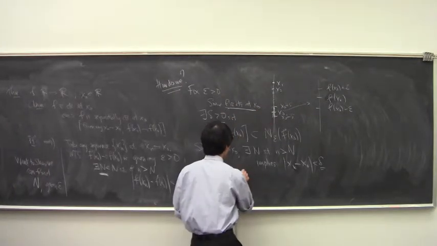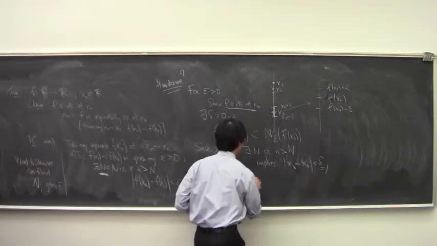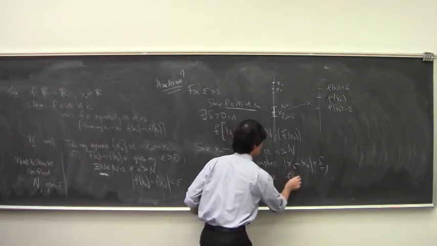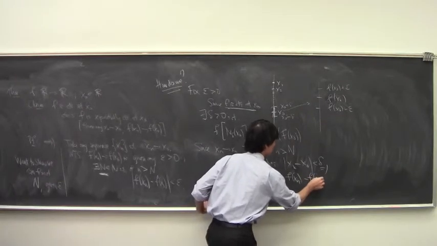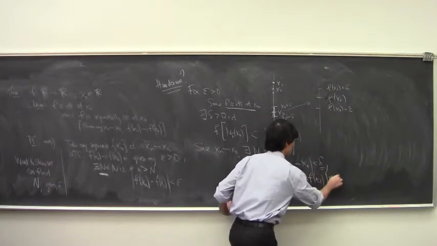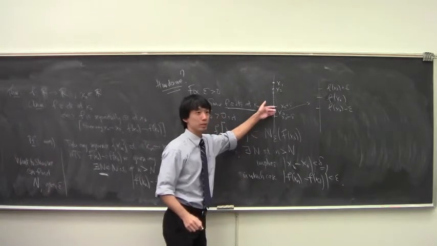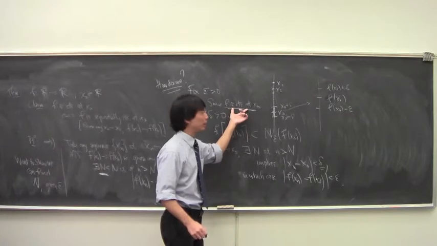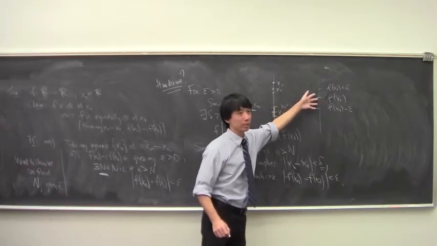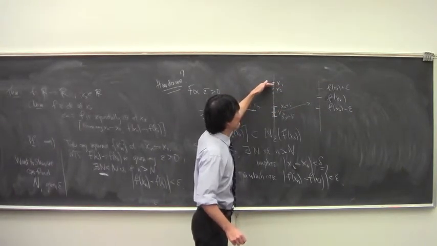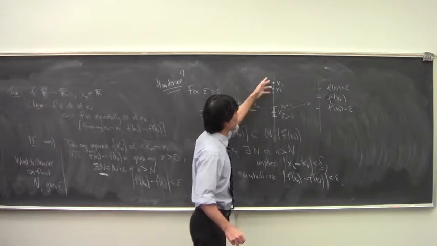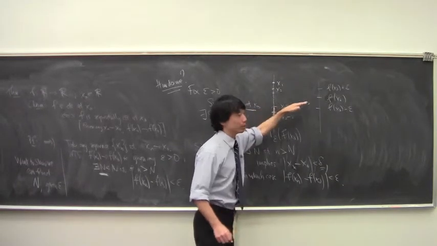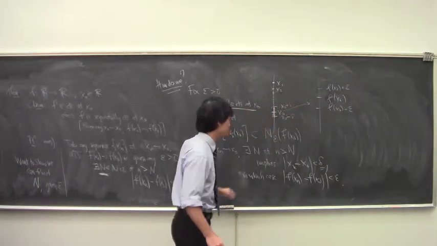Well, in that case, f of xn minus f of x naught is smaller than epsilon, because we chose the delta neighborhood using the definition of continuity, so that everybody inside here gets mapped into the epsilon neighborhood. You choose a time past which they all lie inside here. If they all lie inside here, all the images lie in the epsilon neighborhood, and so we're done.